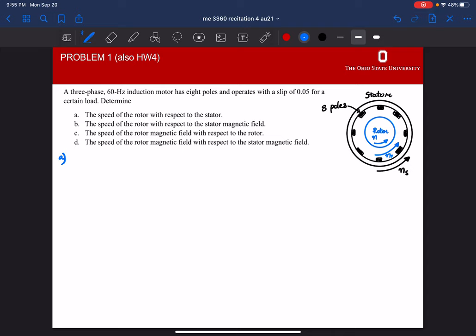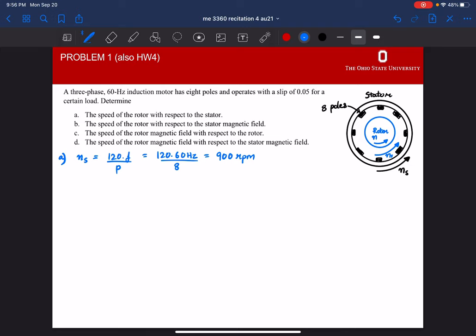And we would first need to evaluate the speed of the magnetic field, and that can be given by 120 times the frequency divided by the number of poles. Plugging in the numbers, we will have something like that, finally giving us 900 RPM.